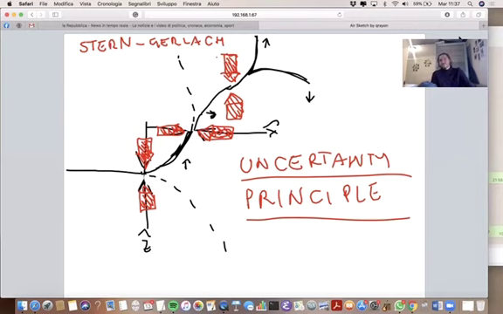For instance, let me give you an example. People began to realize that radio waves, and maybe you think there's nothing in classical mechanics that explains what a radio wave is, right?